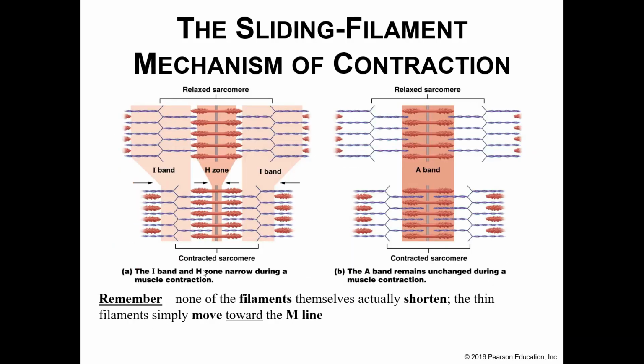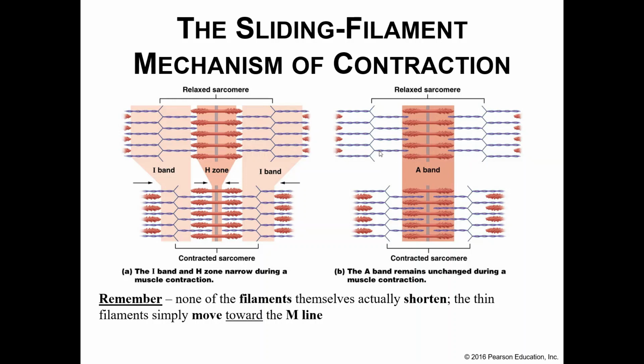Going the wrong way. Here we go. So relaxed, we've got I bands of a certain length. We've got an H zone of a certain length. But contracted, these I bands are going to narrow. The H zone is going to narrow. The A band, however, remember the A band is just the length of the thick filaments, and the thick filaments don't really move.